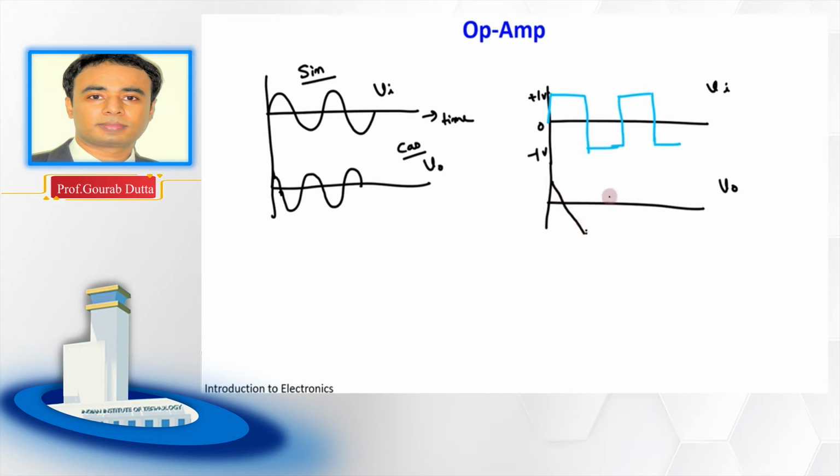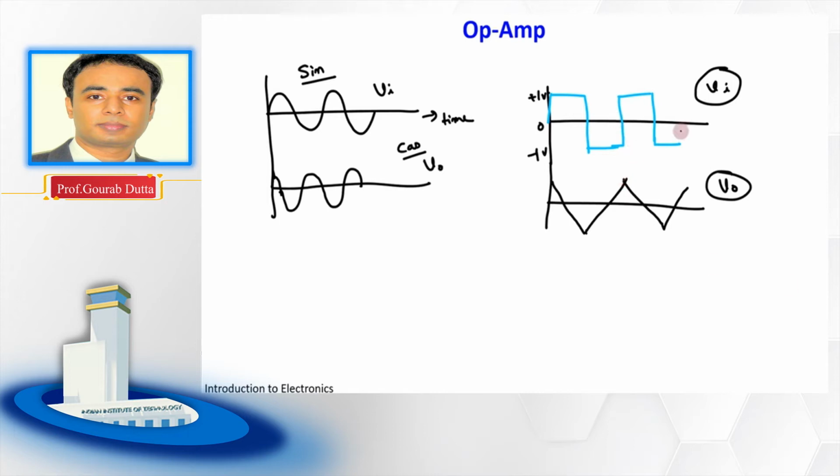Then the input is negative, so we get a positive slope like this. After that again a negative slope, then a positive slope like this. So if the input is a square wave, the output of this integrator is going to be a triangular wave.